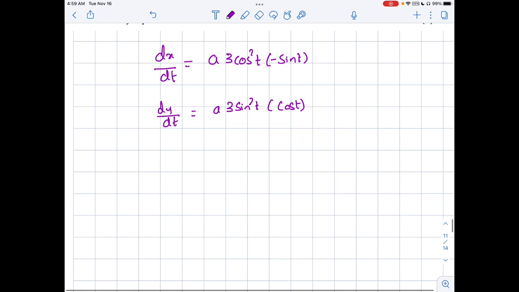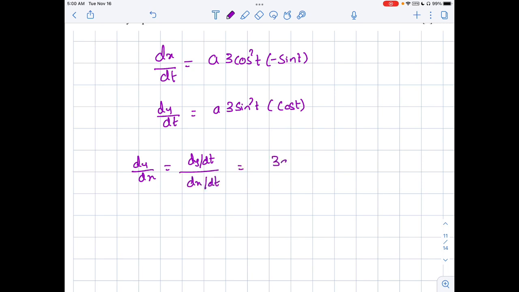I want dy by dx. Dy by dx will be dy by dt upon dx upon dt. Dy by dt is 3a sin square t cos t divided by minus 3a cos square t sin t.